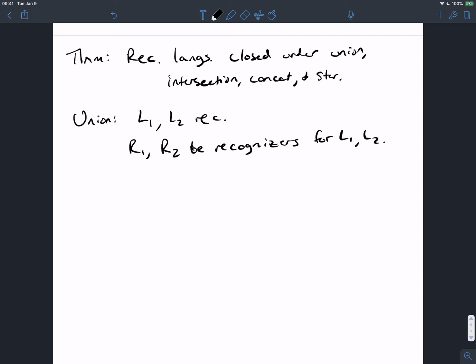So now I'm giving you a string, and I want you to figure out whether it's in L1 union L2. What does a recognizer mean? What does that mean to be a recognizer?